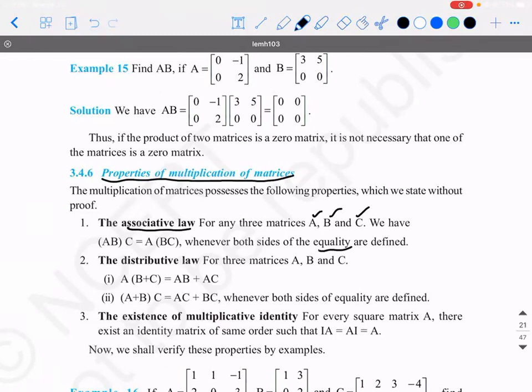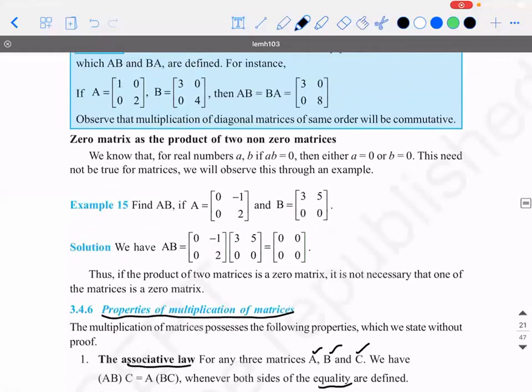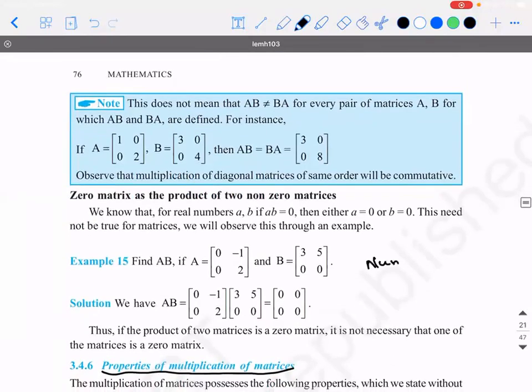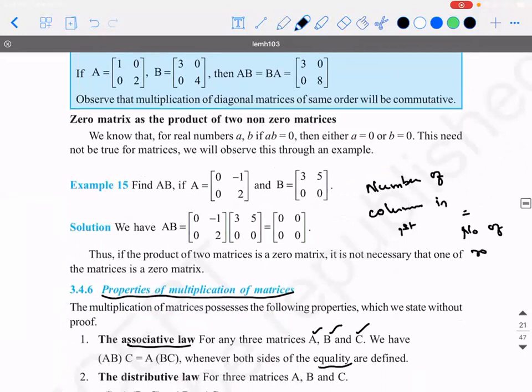What is that condition? The number of columns in the first should be equal to the number of rows in the second.